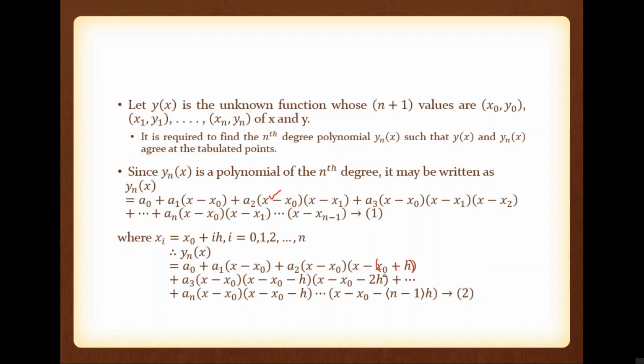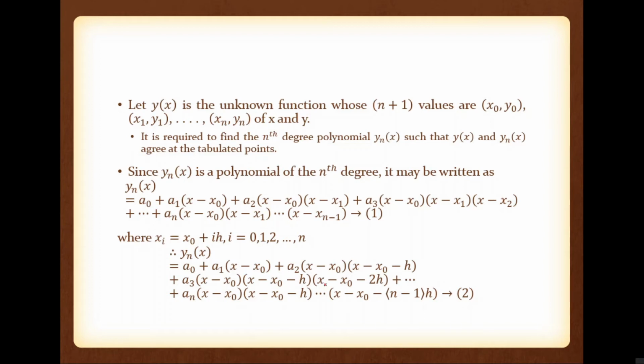If you are removing that bracket, then we have x minus x0 minus h, because the minus sign is common. Because x1 is equal to x0 plus h, please note that. Similarly, a3 into x minus x0 into the next term, x minus x1. What is x1? x0 plus h. So minus is common, so we can write x minus x0 minus h.